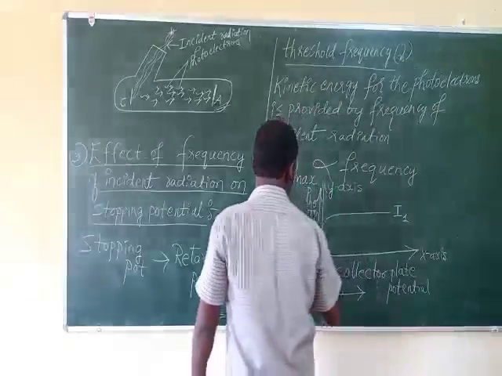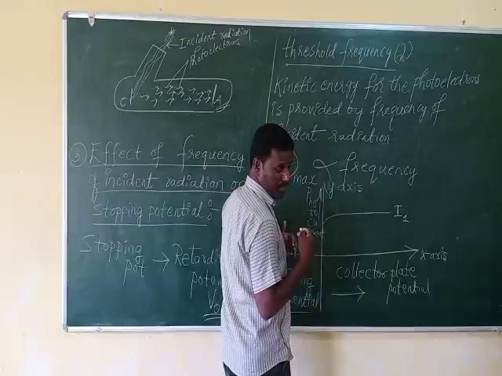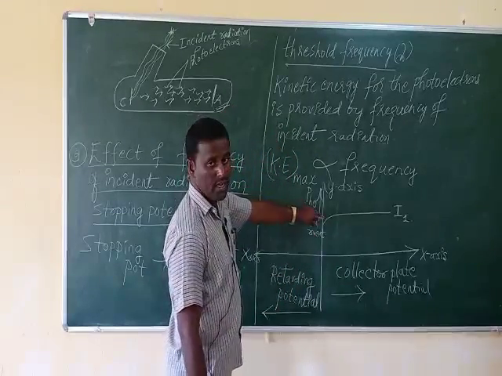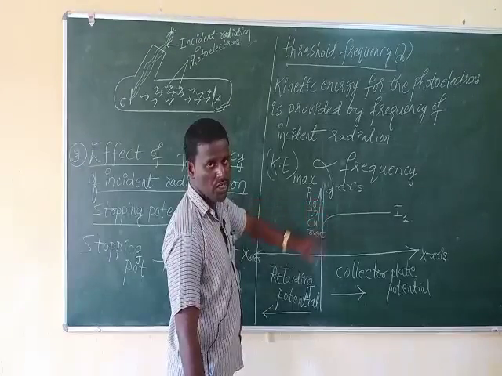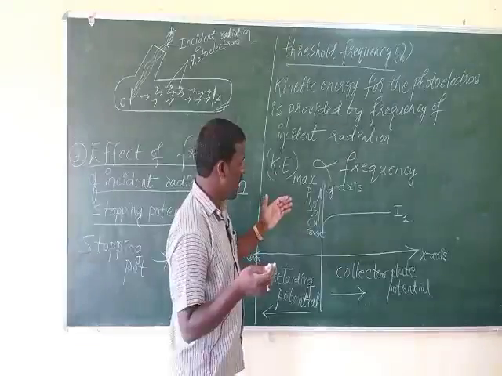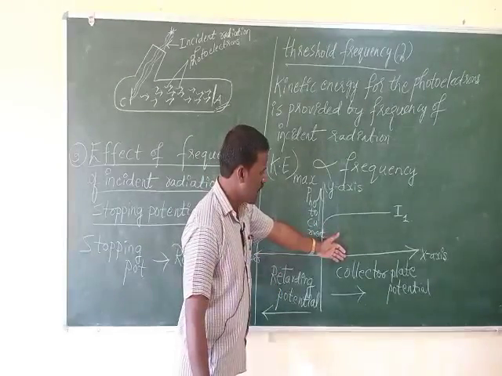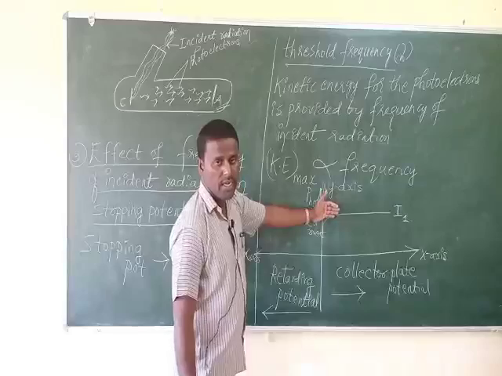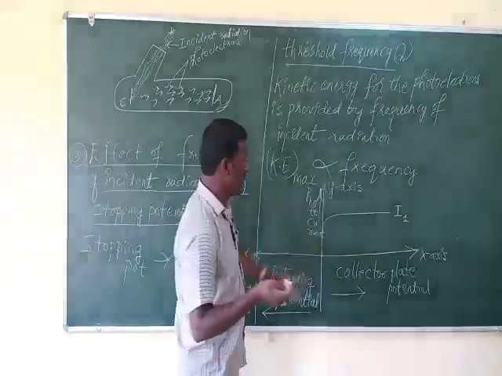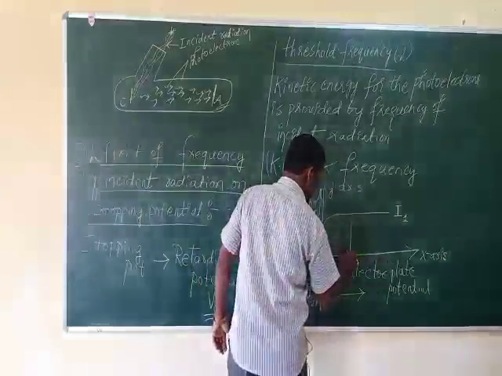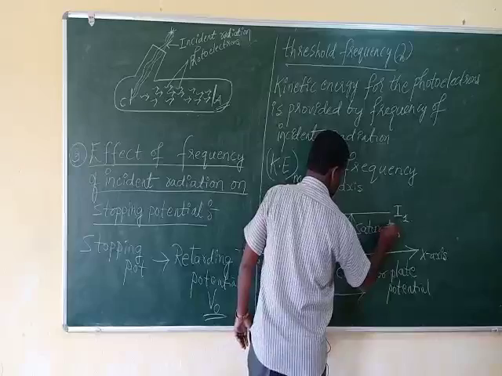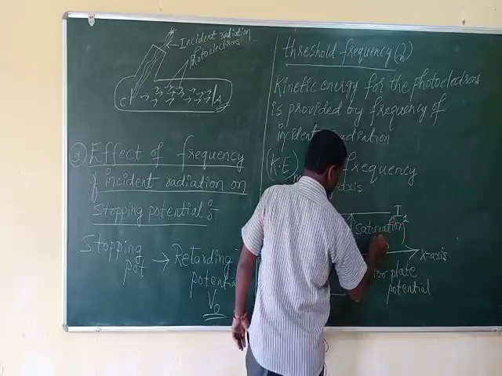For a particular value of positive potential, the current reaches a saturation value and the photocurrent will not increase further. Thereby it is called saturation current.